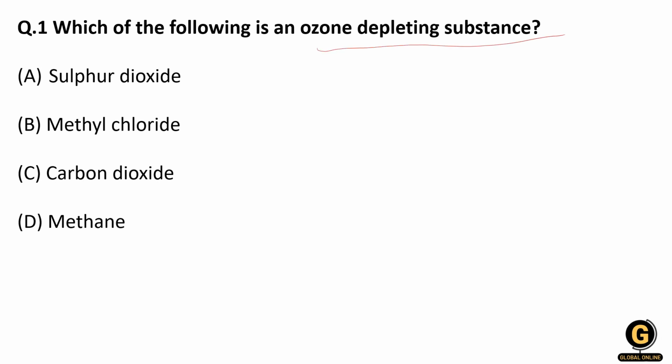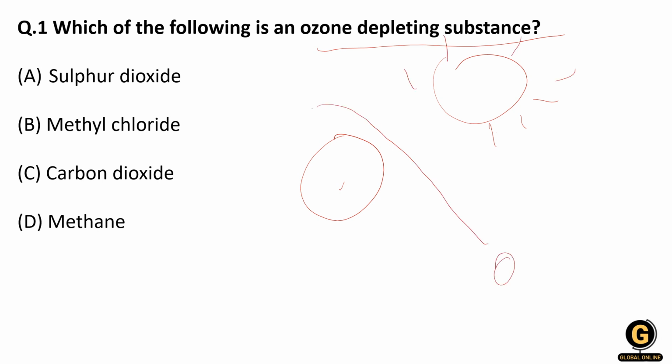So first of all, understand what is ozone depleting substances, or what is this entire phenomena. If you see between earth and our sun, so this is earth and then this is sun, there is a protecting layer of ozone, right? And this protecting layer of ozone, ozone is denoted by O3, prevents the ultraviolet UV lights from coming directly on the earth.